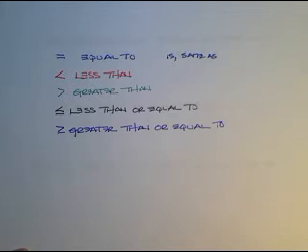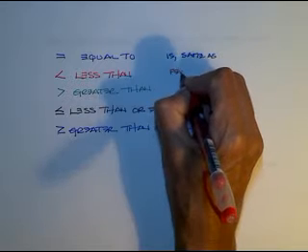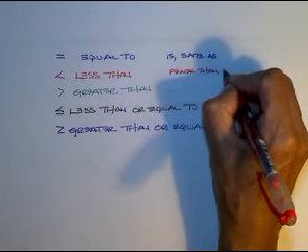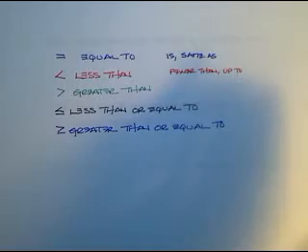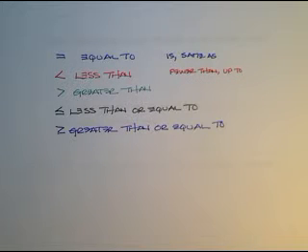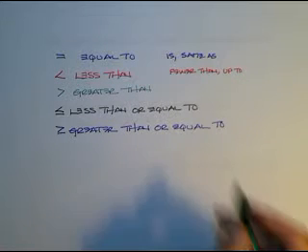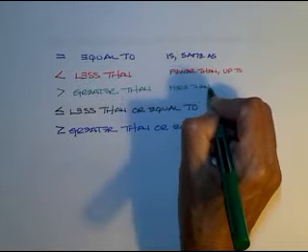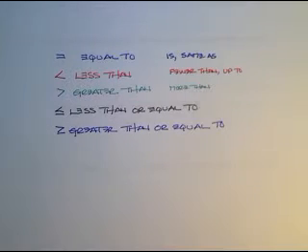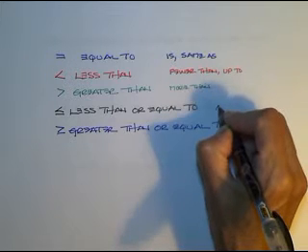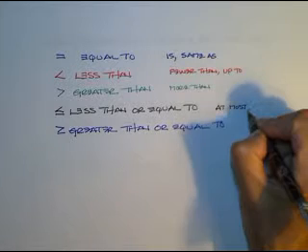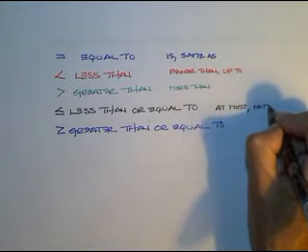Less than, we may say fewer than. We may say up to. So just some words that you want to be aware of. For greater than, you may hear more than. For less than or equal to, you might hear the words at most, or even no more than.